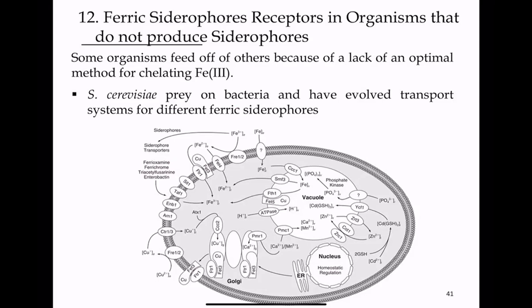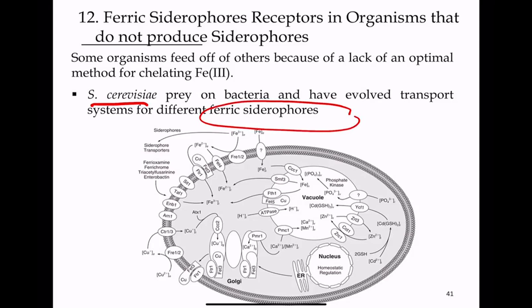So here's a representation of this particular yeast, and I referred to this yeast previously when we were looking at it as a zinc transporter. What this particular yeast does is it preys on the bacteria and exploits the iron siderophores that are produced by the bacteria releasing its siderophores. As a consequence, it can actually uptake those siderophores.